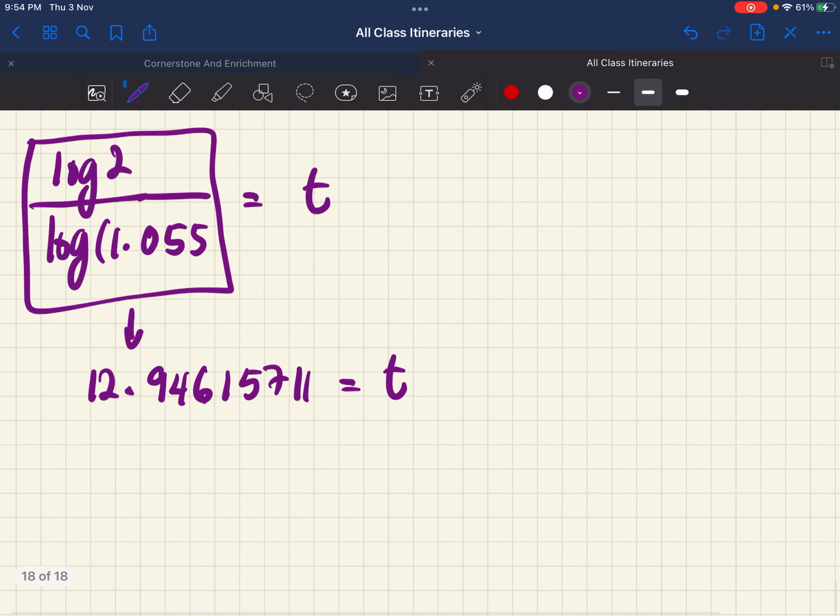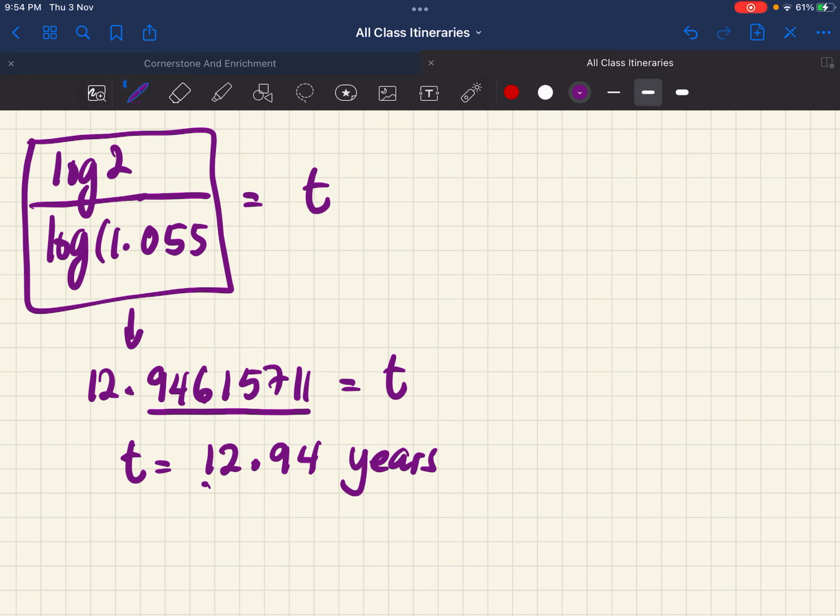Okay, so this is approximately 13 years. So this is the t in here now. I'm going to write it this way: around 12.94. Okay, that is in years.